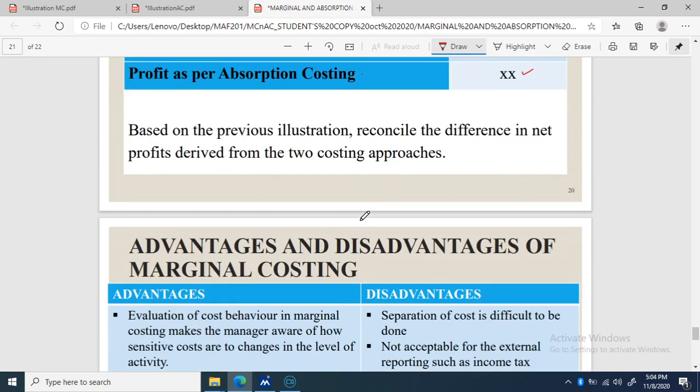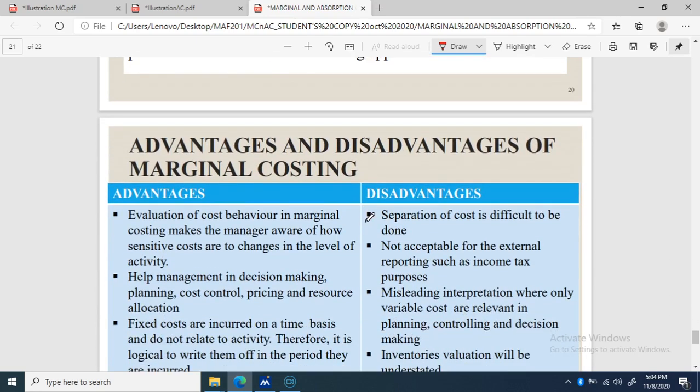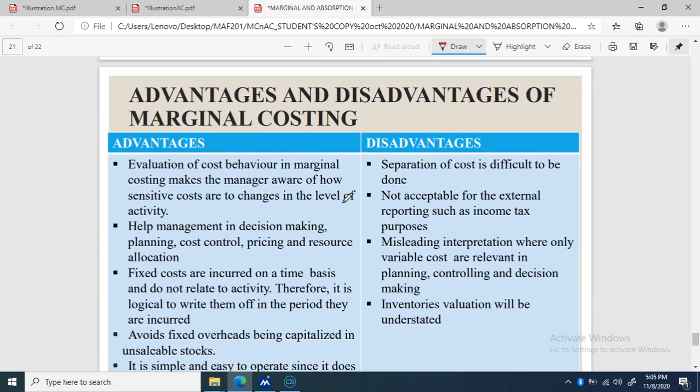Okay, so now the advantages and disadvantages of marginal costing. So what are the advantages of marginal costing? The first one: evaluation of cost behavior in marginal costing makes managers aware of how sensitive costs are to changes in the levels of activity.